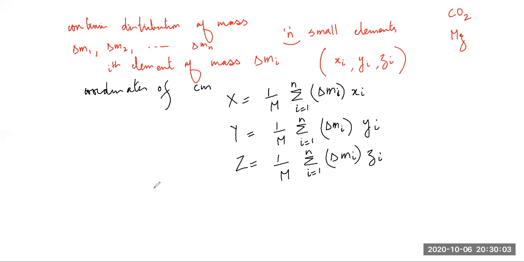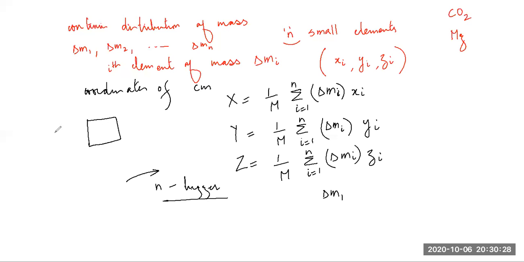So see, the bigger n is, the more and more elements, more and more particles I take. So delta m_i would be, students, if I divide, let's say, a block of iron into 1 million parts, there'll be some masses.